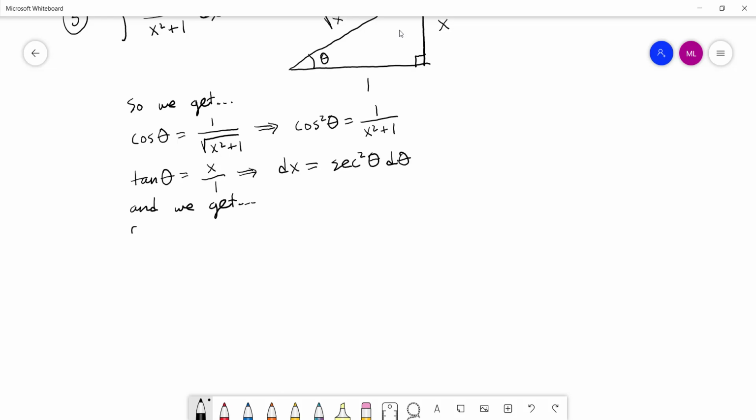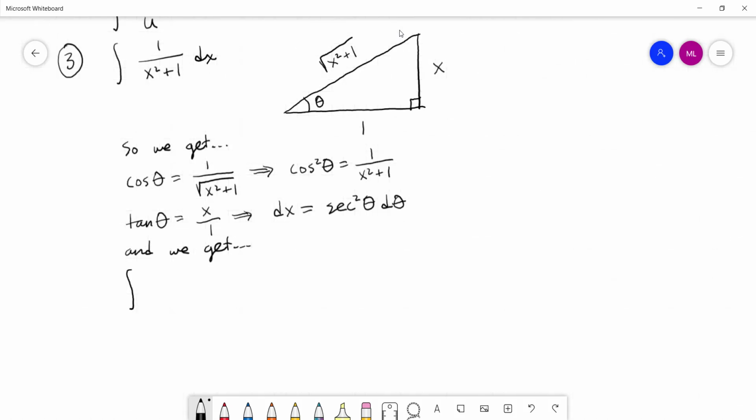And we now get that the integral that we are starting with here is going to be cosine squared of theta, right? That's this part, times dx, which is secant squared of theta d theta.